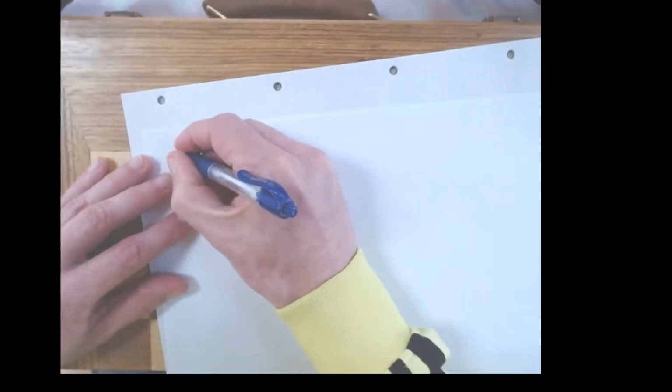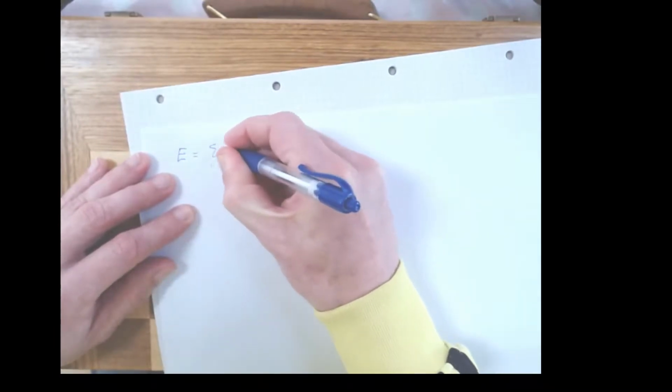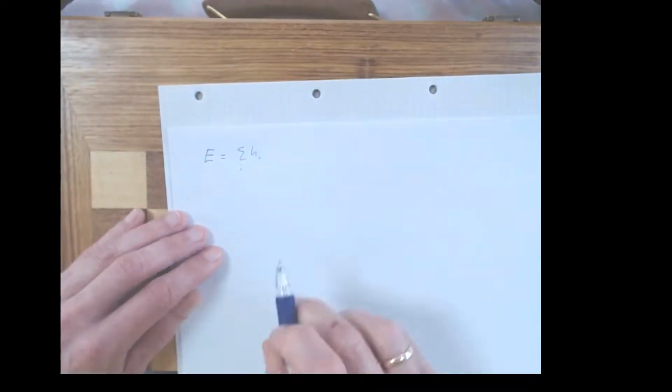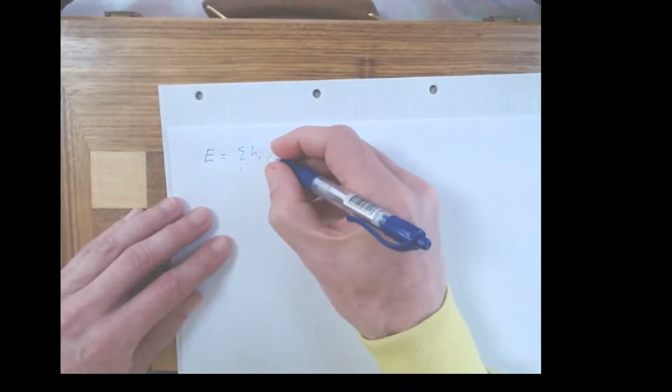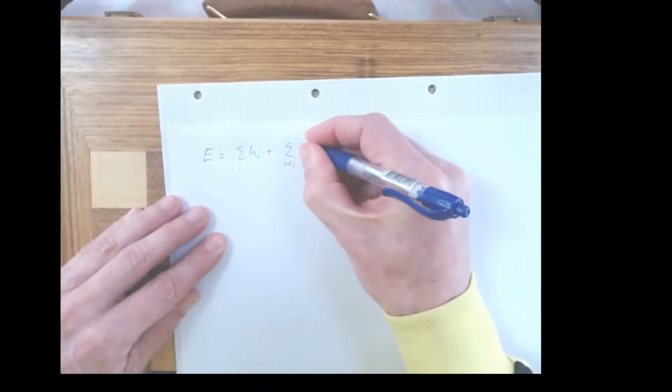So let me summarize here that the expectation value is comprised of a number of single body terms, and then there are all the interaction terms where I sum over all pairs.